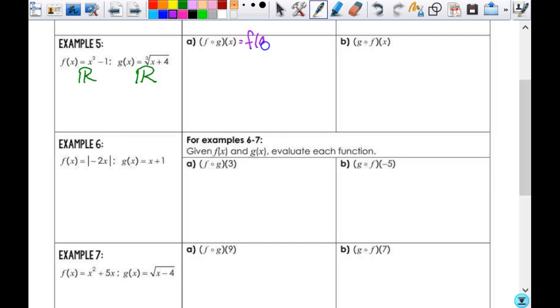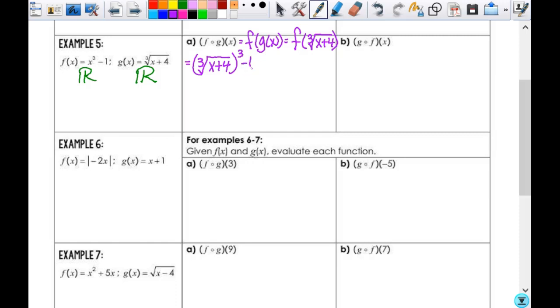Okay, so f of g of x. So f of g of x is equal to f of, and then g of x is the cube root of x plus 4. So I'm going to take the cube root of x plus 4 and substitute it everywhere I see an x. So I get the cube root of x plus 4, cubed, minus 1.